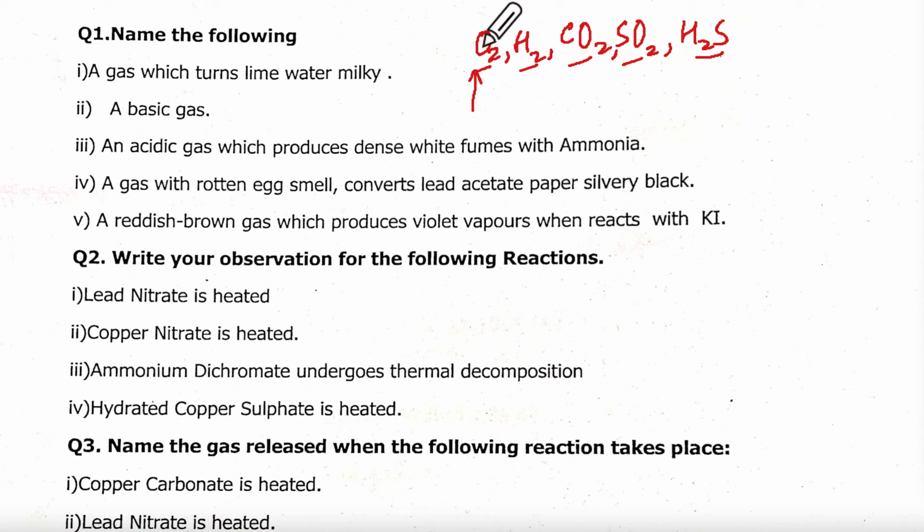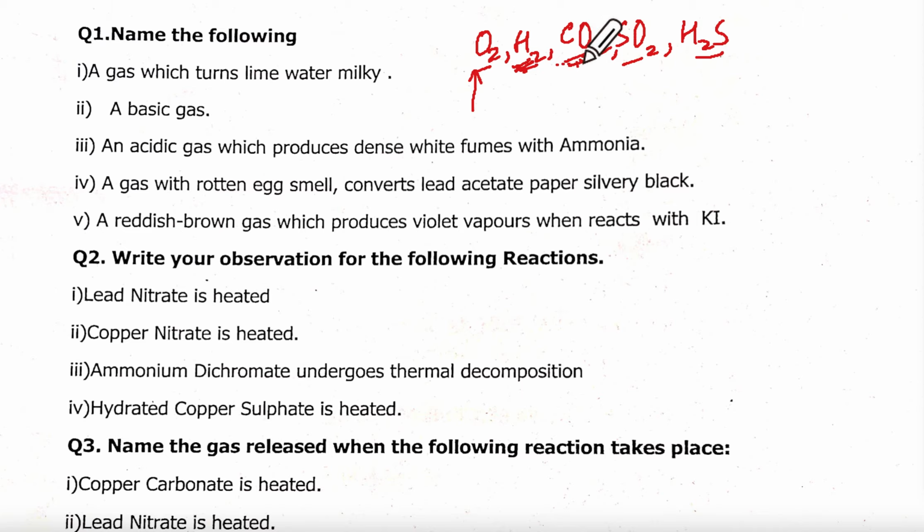Colorless, odorless gas rekindles the glowing splinter. What is this? Colorless, odorless gas, what does it do? Extinguishes the glowing splinter with a pop sound. What is this? Brisk effervescence of carbon dioxide gas, which turns lime water milky but has no effect on acidified K2Cr2O7 solution. Permanganate and potassium dichromate.